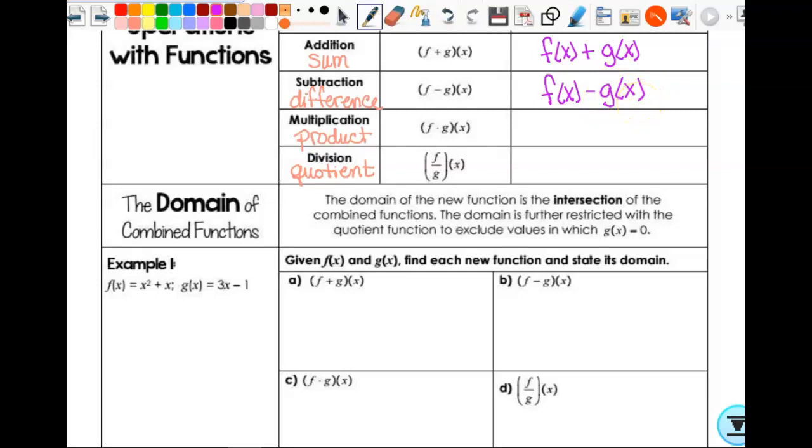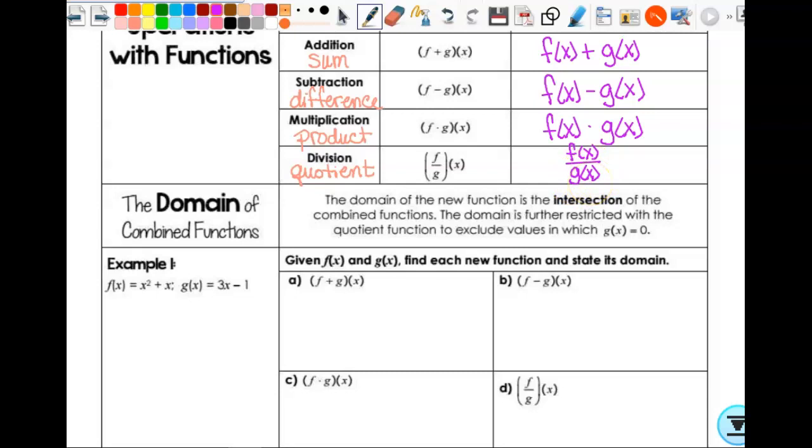Then this is f times g of x, and that's just a little dot there. We're going to see something tomorrow that looks very similar to that, but this is just like a little multiplication dot. So f of x times g of x. And then f over g of x is the same as f of x over g of x.